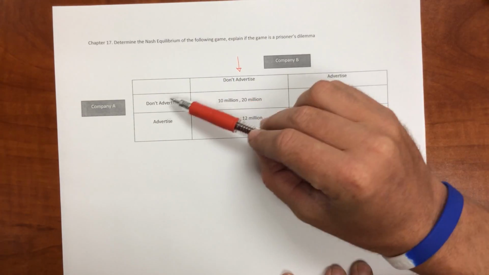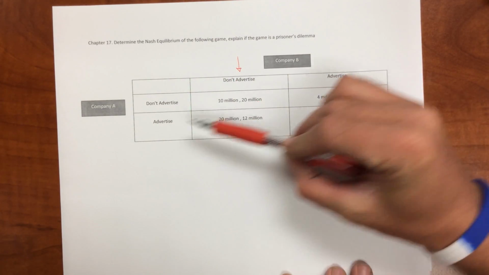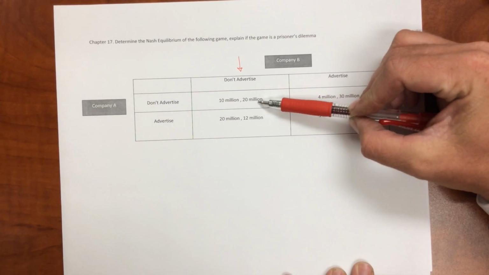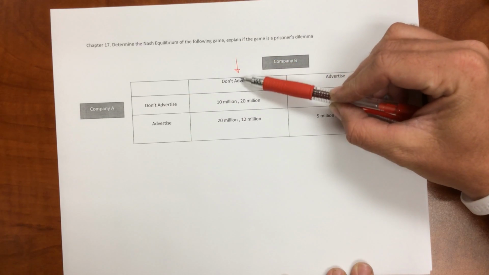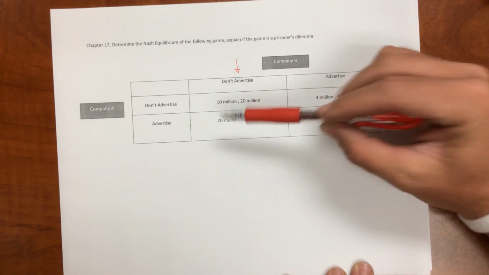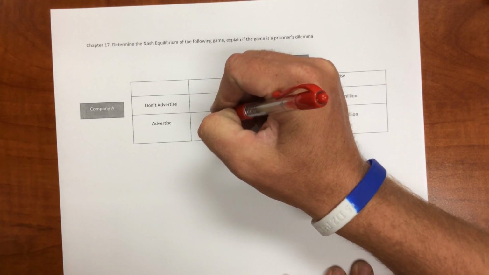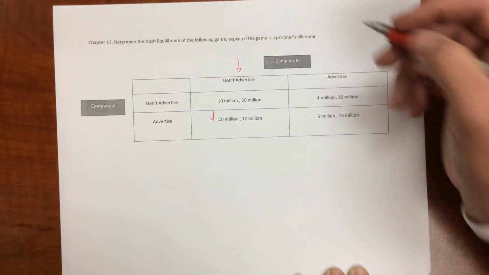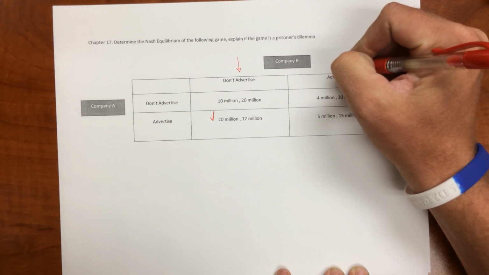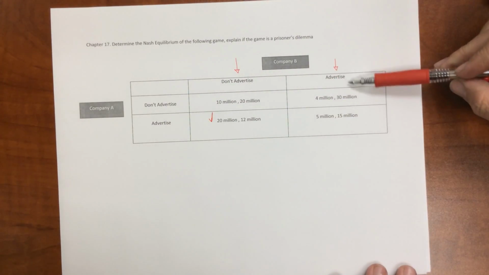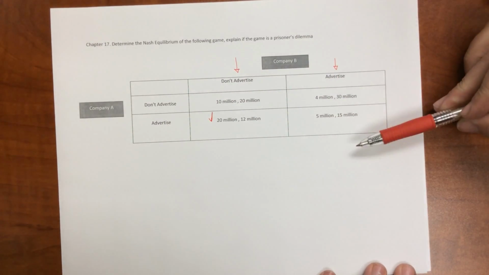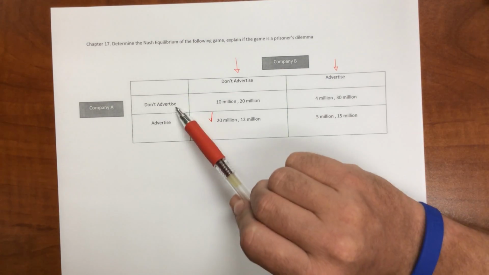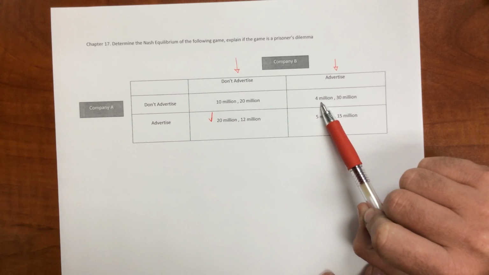Well, if company A doesn't advertise, they'll get $10 million. If they do advertise, they get $20 million. So we're comparing these numbers. We're not looking at these because company B has already chosen not to advertise. And so in that case, company A is better off by advertising. Now let's assume that company B is going to advertise. Okay, so company B is fixed in their strategy. Now company A has to choose: do we not advertise or advertise? If they don't advertise, they'll make $4 million.